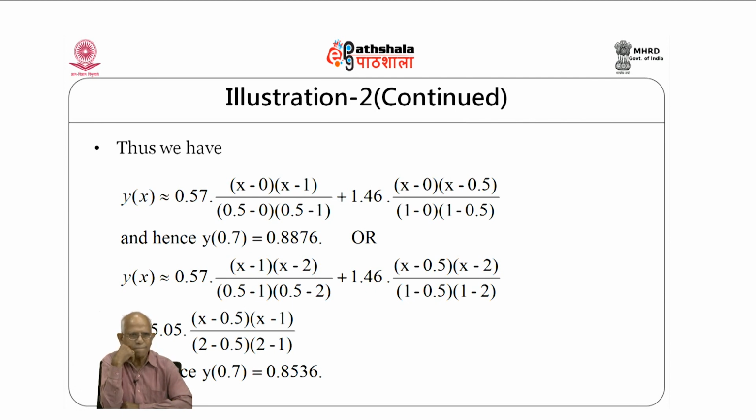0.8876 by this formula. In the second case we are getting y(x) equal to 0.57 into x minus 1 into x minus 2 upon 0.5 minus 1 into 0.5 minus 2, plus 1.46 into x minus 0.5 into x minus 2 over 1 minus 0.5 into 1 minus 2, and then the last term will be 5.05 into x minus 0.5 into x minus 1, and the denominator will be 2 minus 0.5 into 2 minus 1.